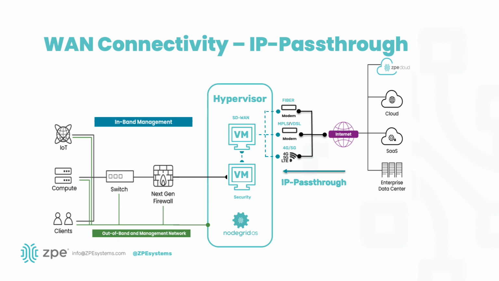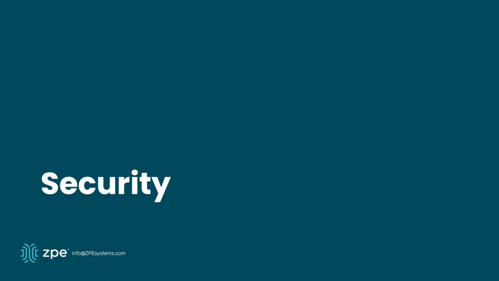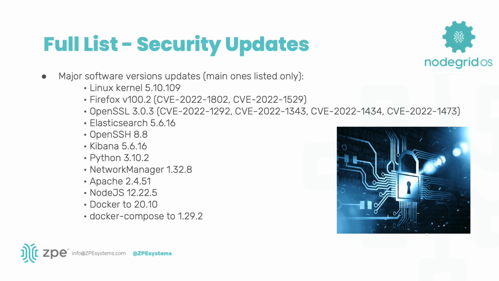As I outlined in the beginning, security is always quite important to us here at ZPE Systems. That not only affects our software releases, but also our internal processes, as well as our hardware. What we typically do with any major release is bring the major software versions up to a current level.